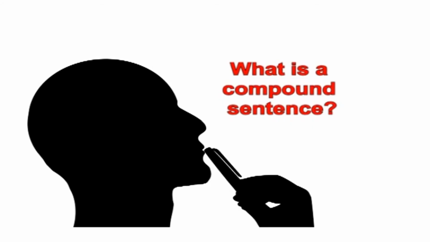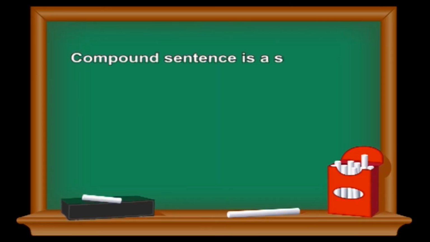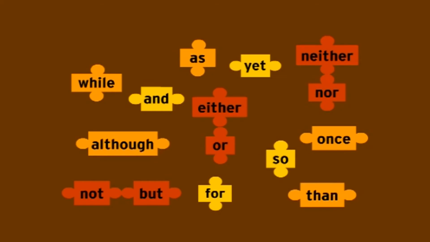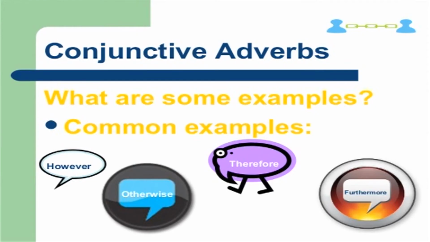Next, we will go on to compound sentence. Students, if you have understood simple sentence, compound sentences are very easy to understand. What is a compound sentence? Well, a compound sentence is a sentence that has two independent clauses joined by a conjunction: for, and, nor, but, or, yet; a conjunctive adverb such as however or therefore; or a semicolon alone.